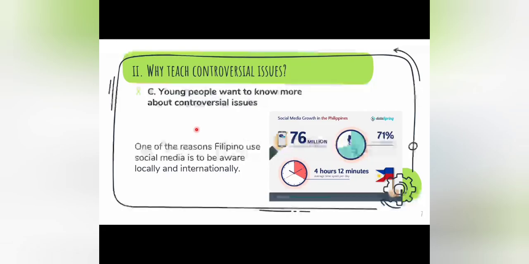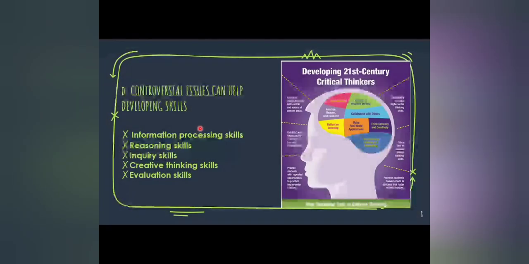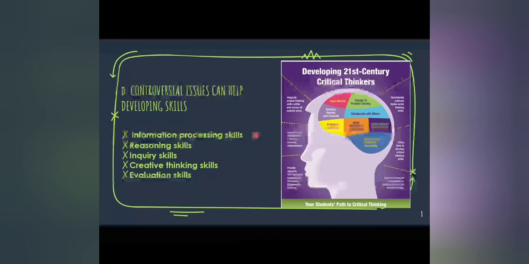Next naman is controversial issues can help develop skills like information processing skill. Ina-encourage or hinayaan natin yung bata na mag-gather, mag-sequence, mag-analyze, mag-compare ng available information related to these controversial issues.